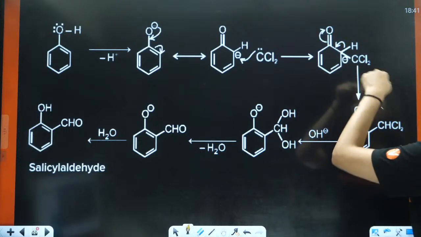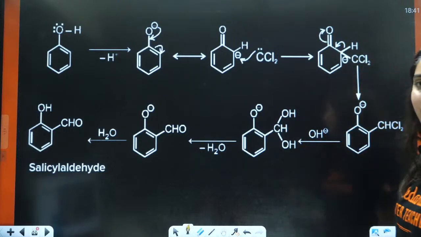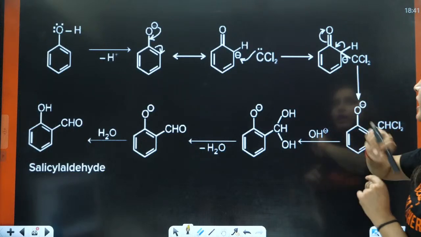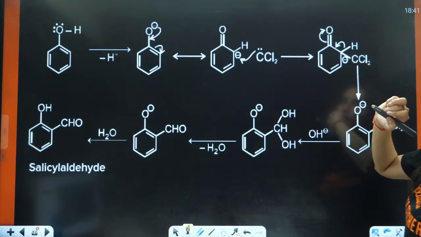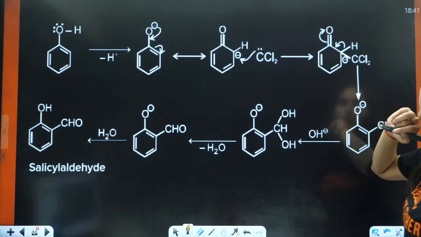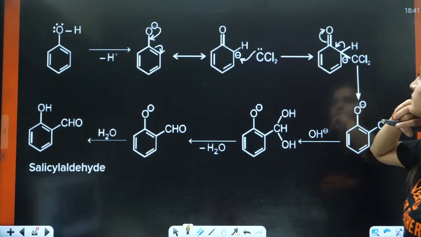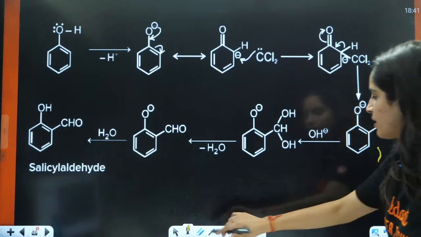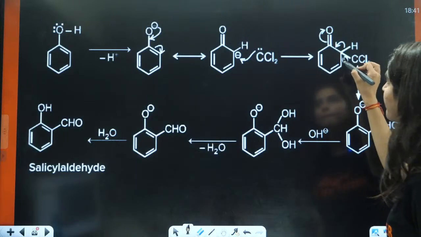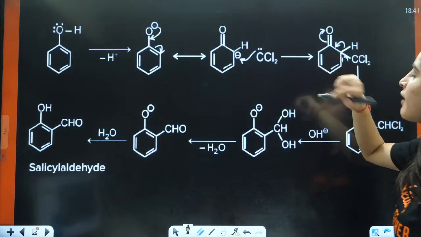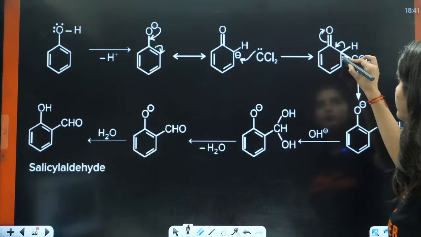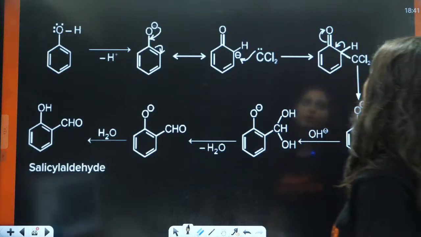So this CCl2 will be attached here. You will have the attachment of CCl2, and this carbon will have 2 bonds here, so this will be the product.